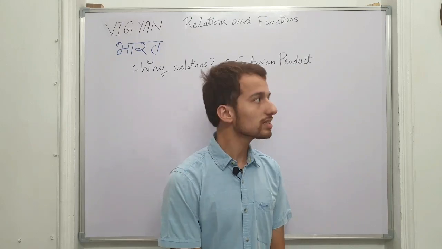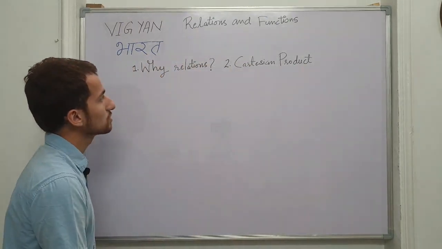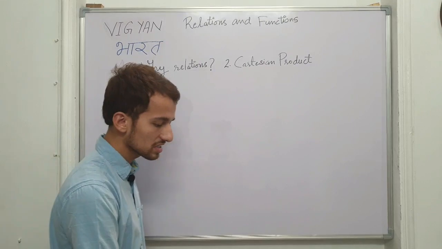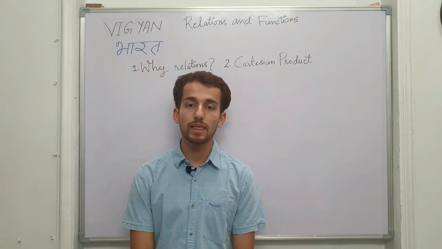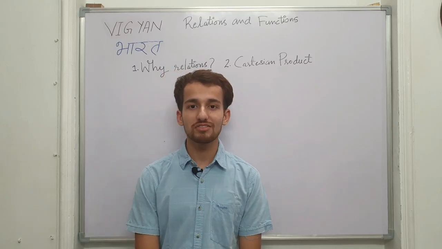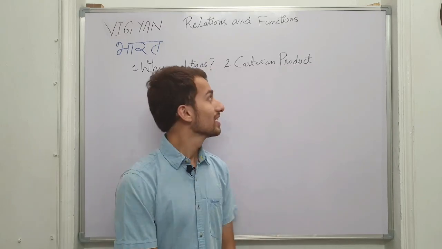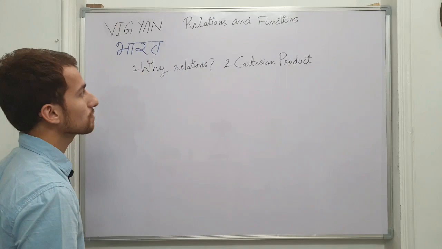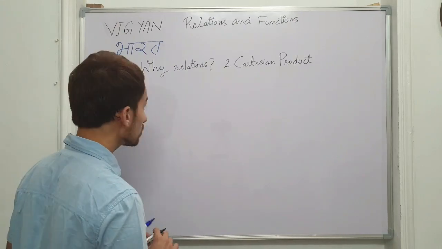Now, to answer the two questions which we have mentioned on this whiteboard today, the first is why relation, and the second is what is the Cartesian product. To answer the first one, we have to understand the second. So let's understand what this Cartesian product basically is.